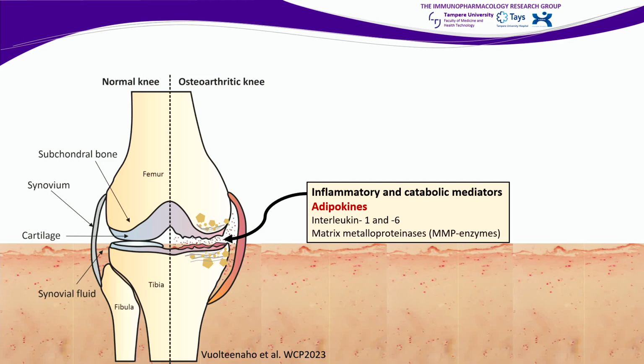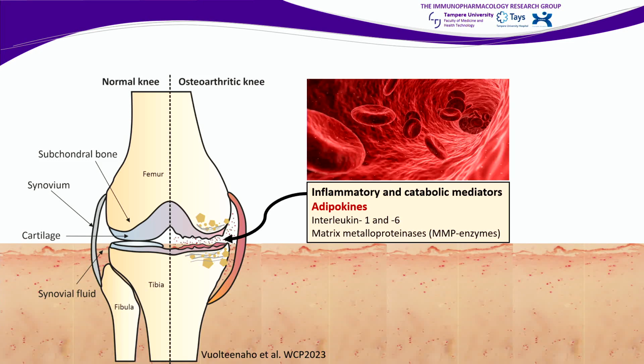We know that they are related to the pathogenesis of OA, but where do they end up in the synovial fluid? Well, of course, adipose tissue produces adipokines, and they are transmitted to circulation and diffused into the synovial fluid. That is one possibility.